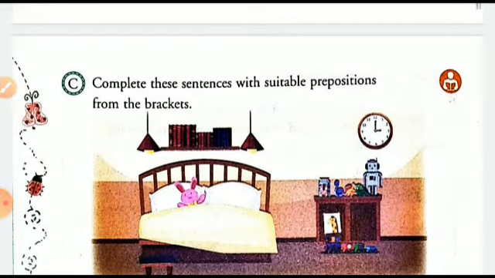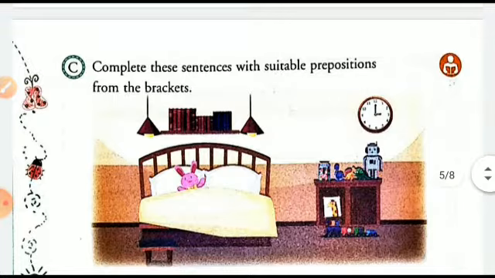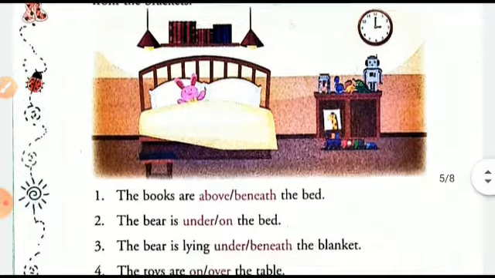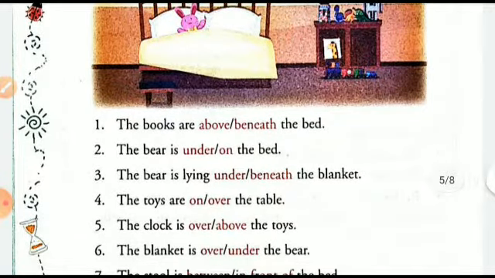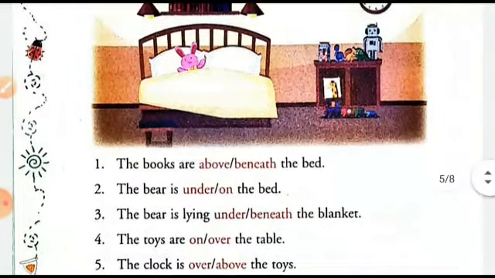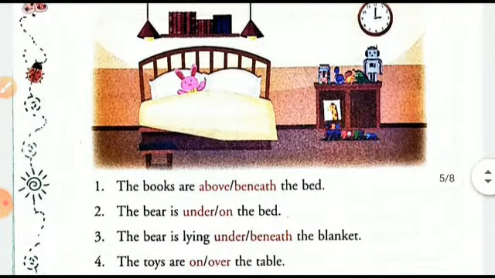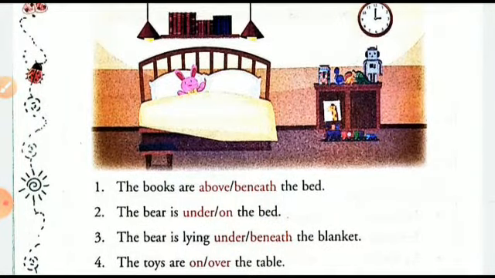Now in exercise C, you have to complete the sentences with suitable prepositions from the bracket. First, you need to see this picture very carefully, and after seeing it, we can do this exercise. Now here you have to tell us where the books are kept, the location or the position of the books.